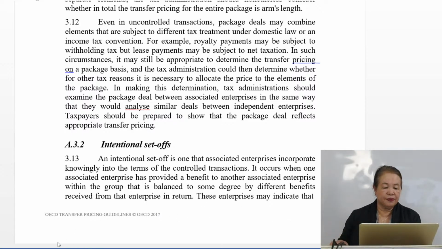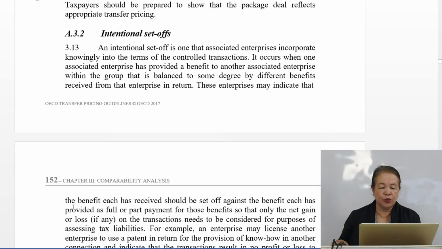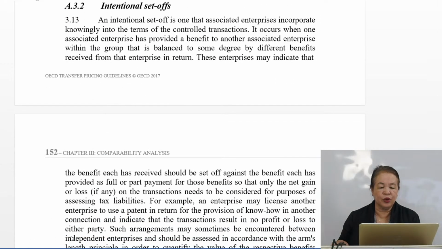Intentional set-offs. An intentional set-off is one that associated enterprises incorporate knowingly into the terms of the controlled transactions. Knowingly. So, ibig sabihin, nasa terms, nasa kontrata. It occurs when one associated enterprise has provided a benefit to another associated enterprise within the group that is balanced to some degree by different benefits received from that enterprise in return.